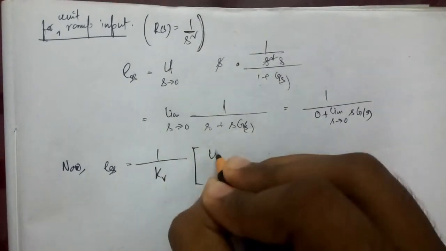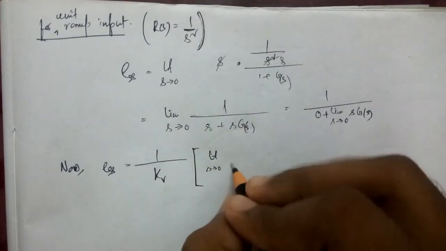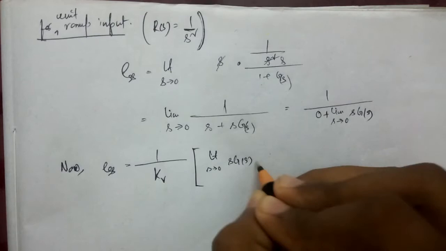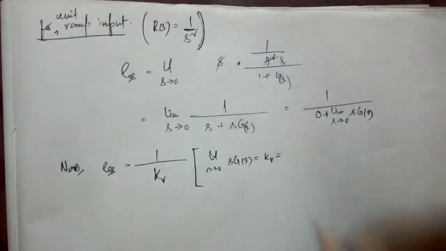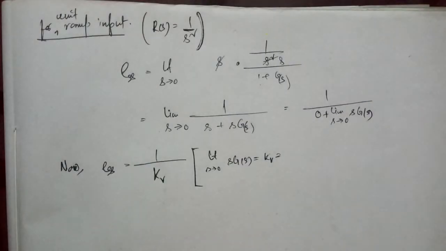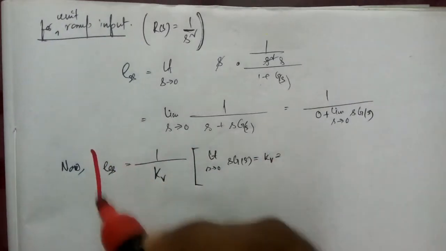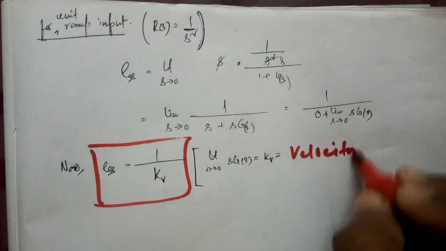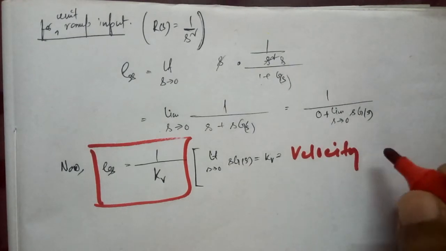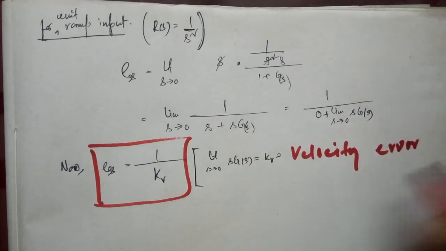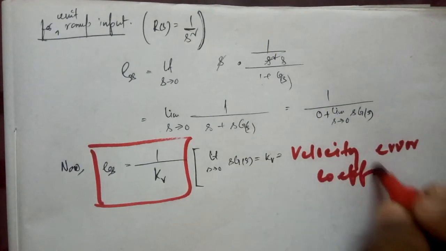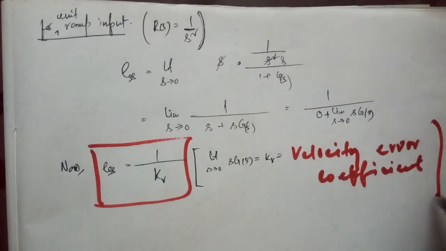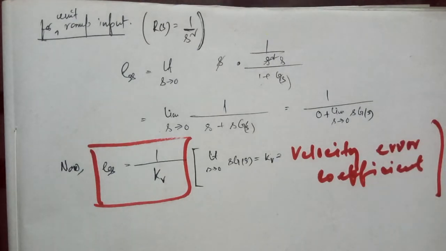Previously for unit step it was position, now it is velocity error coefficient. So this was all about unit ramp.